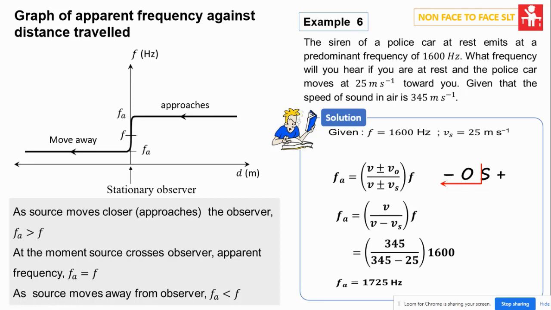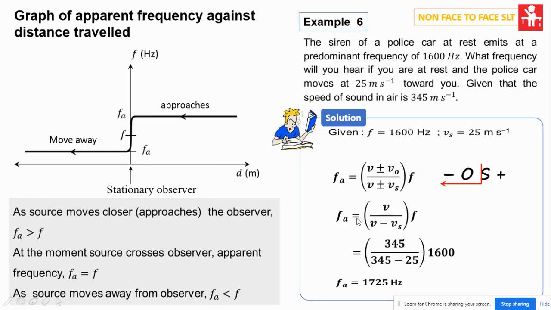Next, we have example 6. The siren of a police car emits a predominant frequency of 1600 Hz. What frequency will you hear if you are at rest and the police car moves at 25 meters per second towards you? Given that the speed of sound in air is 345 meters per second, we can also apply the OS method just now, whereby we get the negative sign at the bottom here, and our vo is 0.